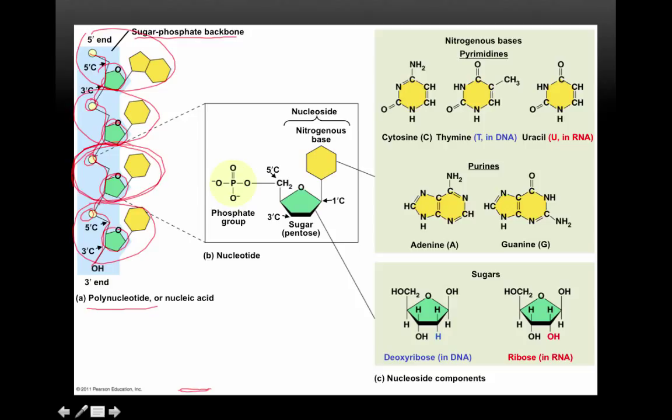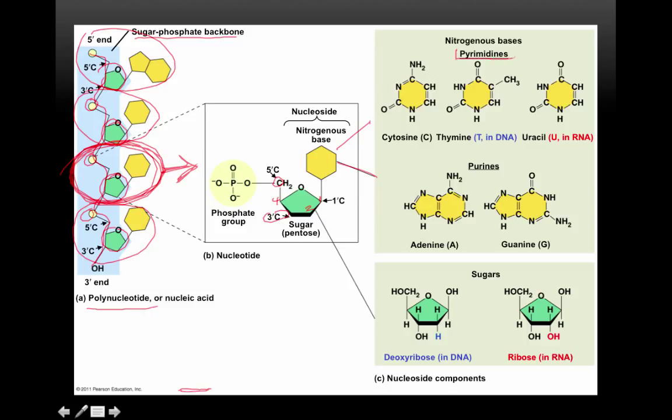If we zoom in on one of these nucleotides, we can see the 3 components that I went over previously: the phosphate group with its negative charge, the sugar, which has 5 carbons, 1, 2, 3, 4, and 5. And then finally, the nitrogenous base. Nitrogenous because it contains nitrogen atoms. The base options are shown to the right. So we've got different options for bases here.